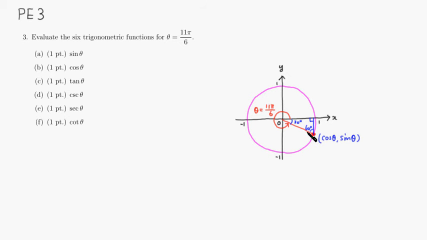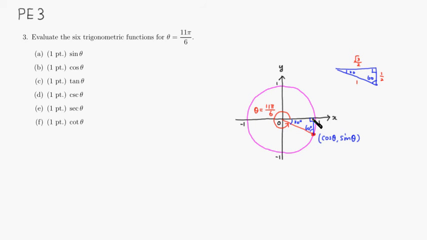So you have a 30, 60, 90 degree triangle, and we need to remember the ratio of a triangle like that. If this is 1, this is going to be 1/2, and this is going to be square root of 3 over 2. This is exactly the same triangle here.